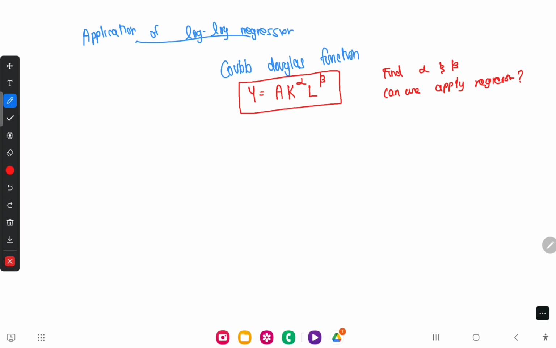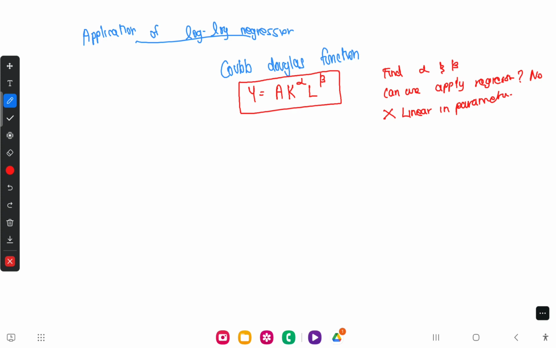We can't, because one of the assumptions in regression is that it should be linear in parameters. The model is not linear in parameters, therefore we can't apply it. So without doing a regression, we have to find a way to make this function linear in parameters.